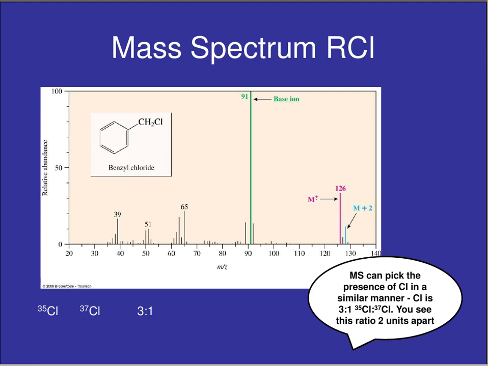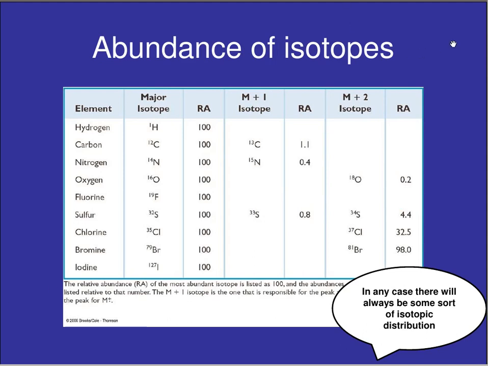Okay, over here I've got a table of isotopes, so just have a look. These are relative abundances, so your major isotope is given a relative abundance of 100. With carbon you've got an M plus 1 isotope that is about 1%.